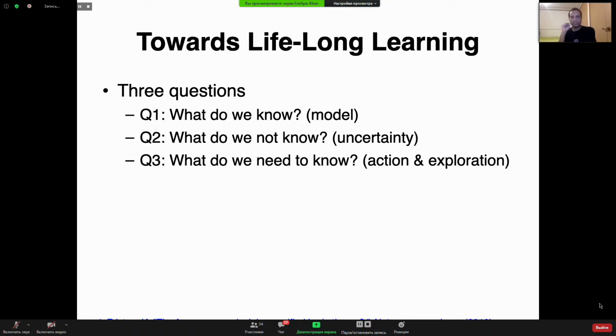But the second question is the complementary question. Well, I know this much given this data, but then what do I not know? What have I not seen that I might see in the future? Or the other things that are not present in my data set. And this question is essentially related to uncertainty.